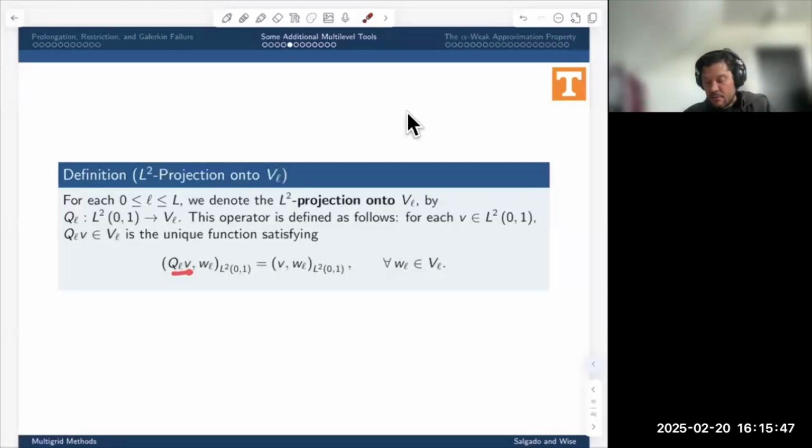It's the integral of that against that object, which happens to be in the finite dimensional subspace, and that has to be equal to this. Now, what do we have on this side? This is not a finite dimensional object. This is not in our subspace VL. This is perhaps outside of that space. It could be a very complicated function. But the point is, because both of these functions are in L2, the product is integrable. And so we can integrate this to get a number.